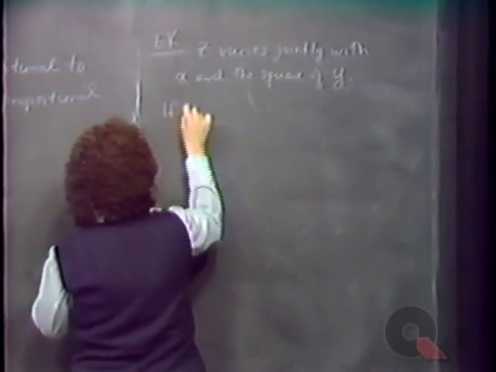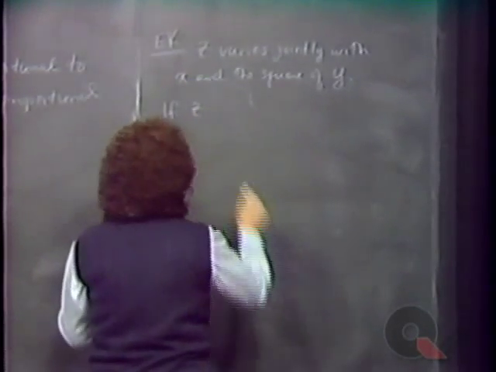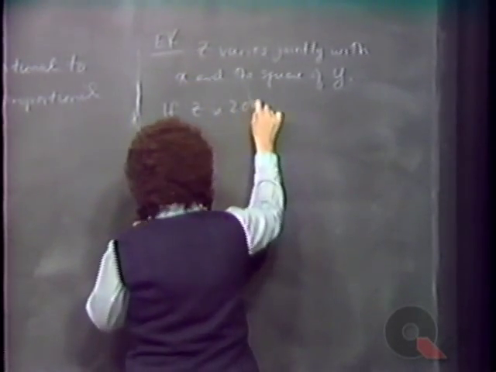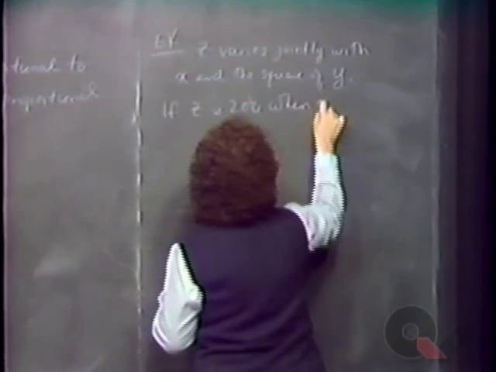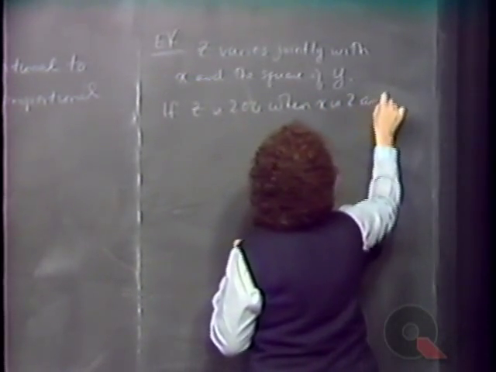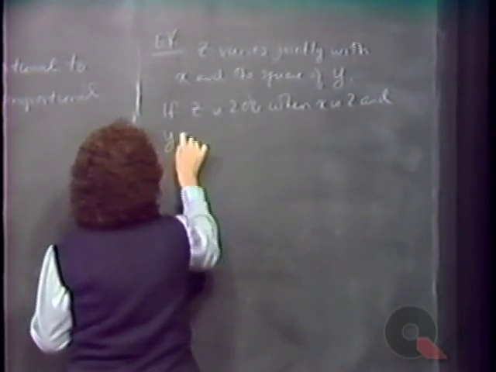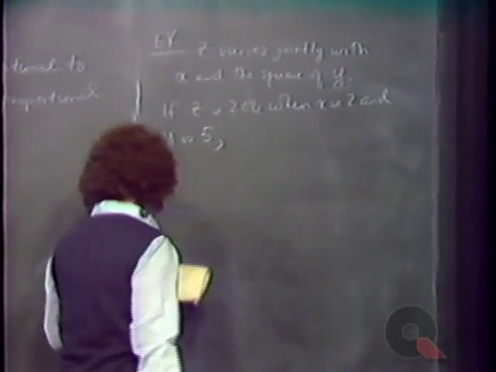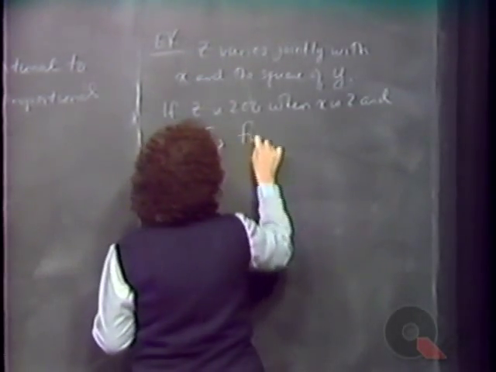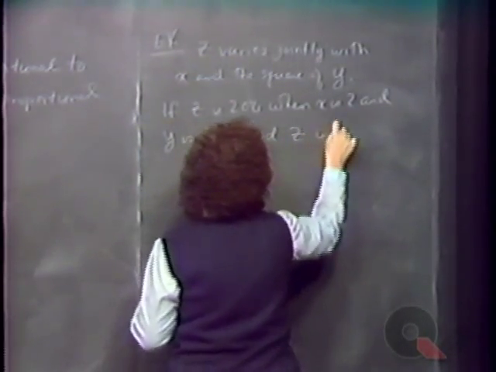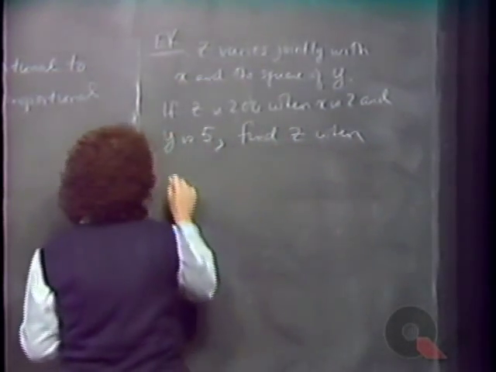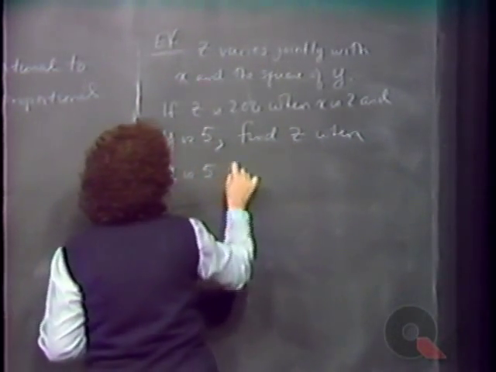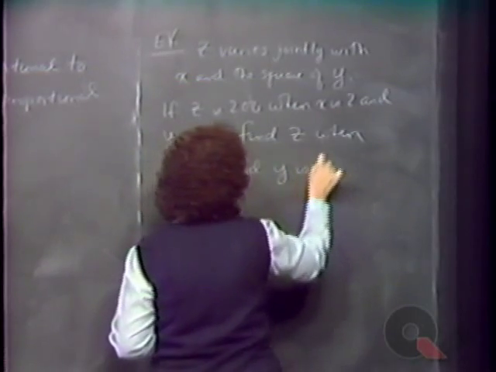If z is 200 when x is 2 and y is 5, find z when x is 5 and y is 2.